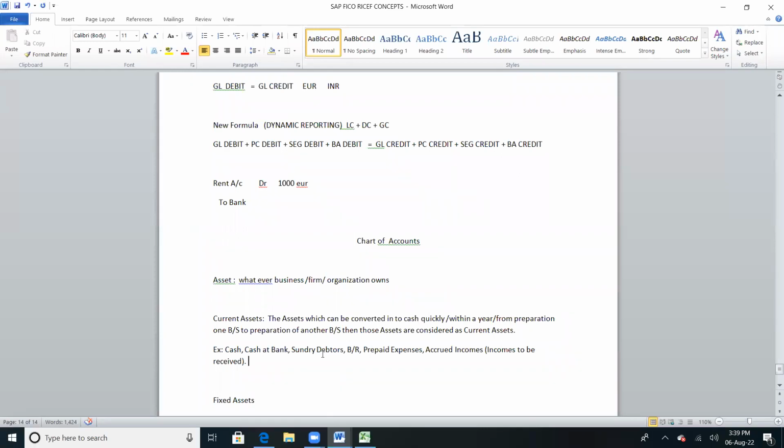Naveen, can you just let me know why these debtors are called sundry debtors? See, what do you mean by debtor? So we have to pay him, right? No, a debtor is the person who needs to pay us.